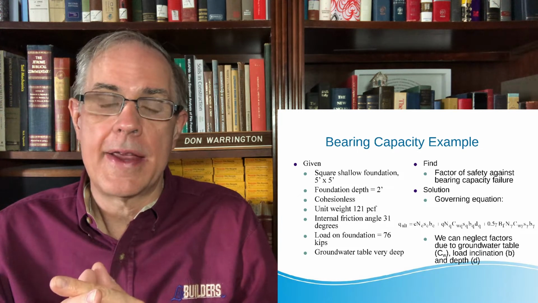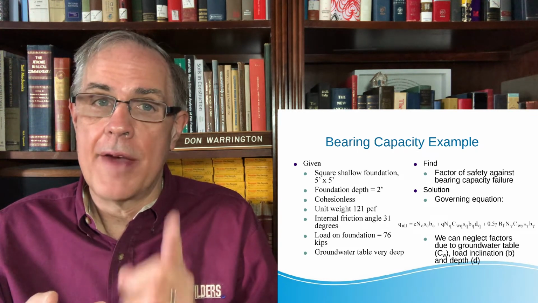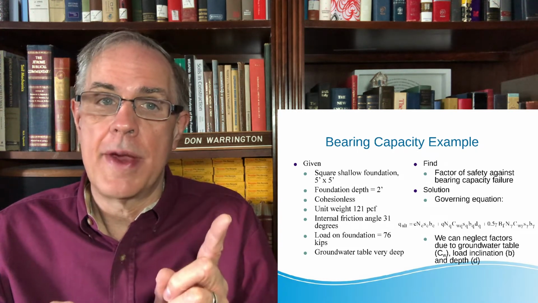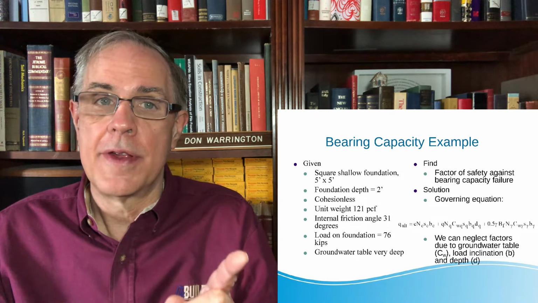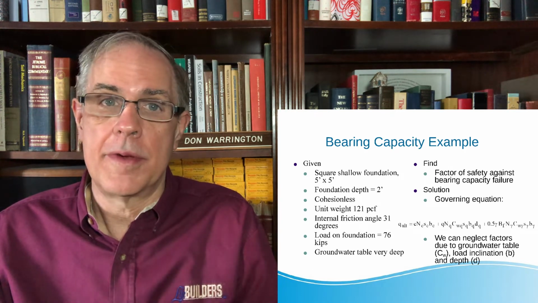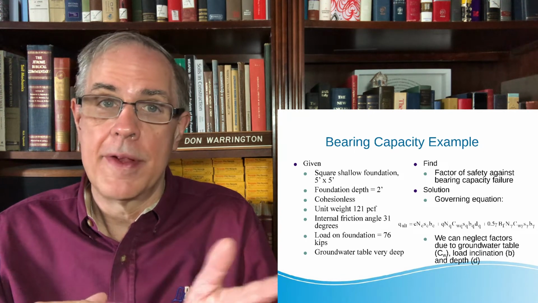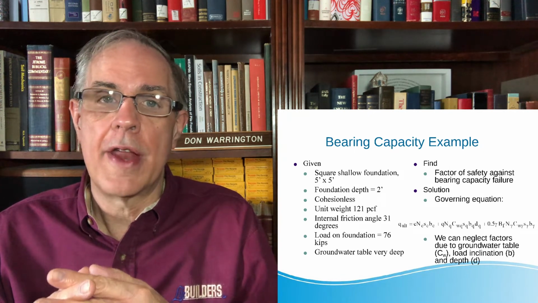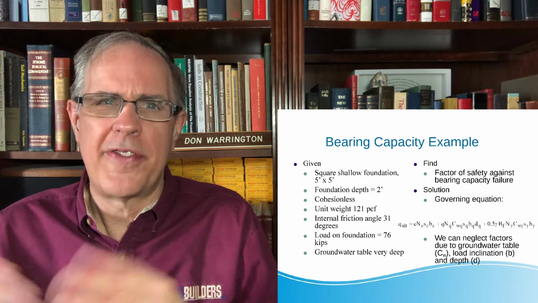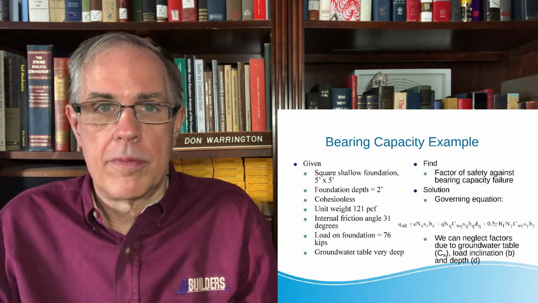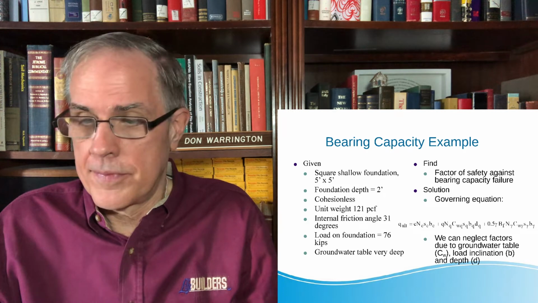Or I can say, all right, I've given you a load that I actually anticipate. I want to know the factor of safety based upon the ultimate. And then you would divide the ultimate by the allowable, and you get a factor of safety. In other words, the load that I tell you I apply is a de facto allowable load. So you can get the problem either way.